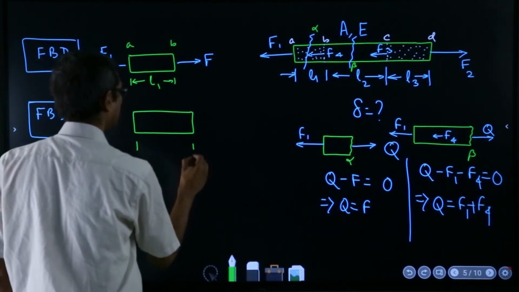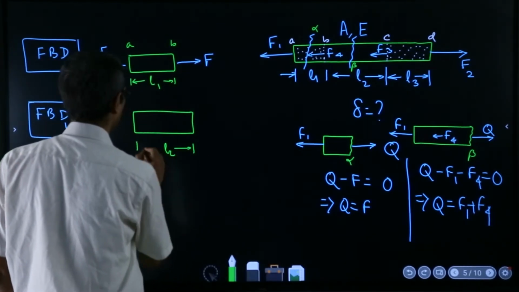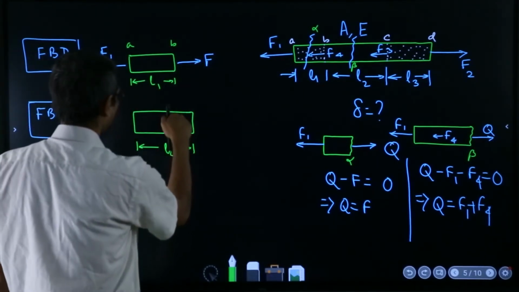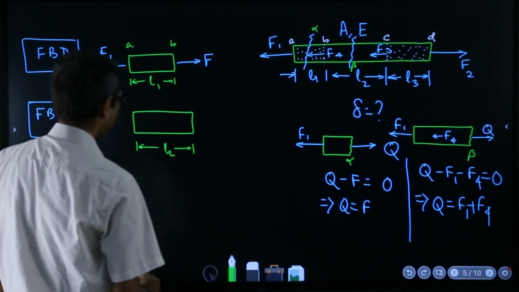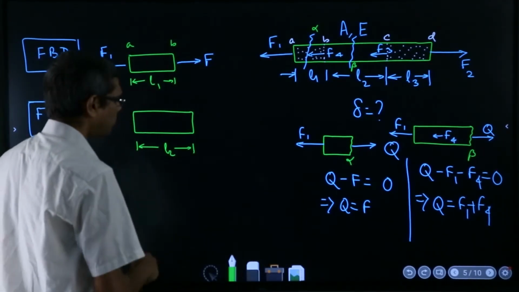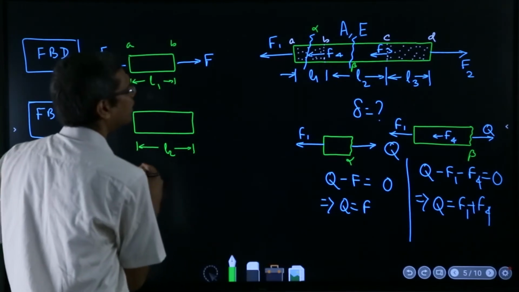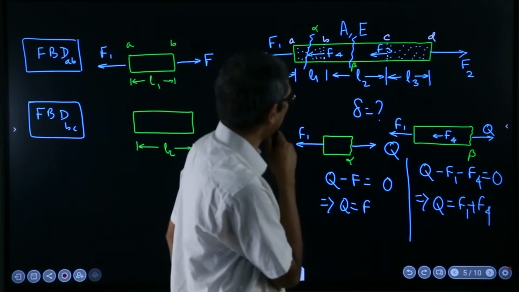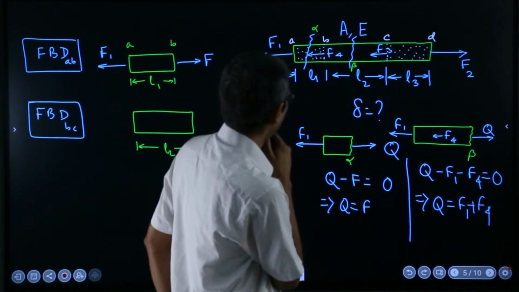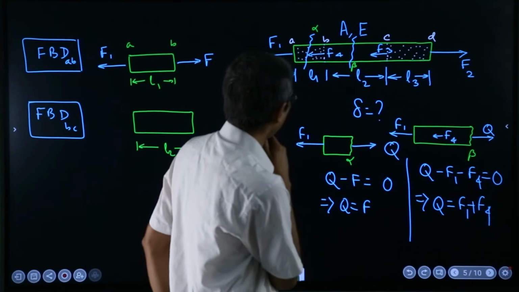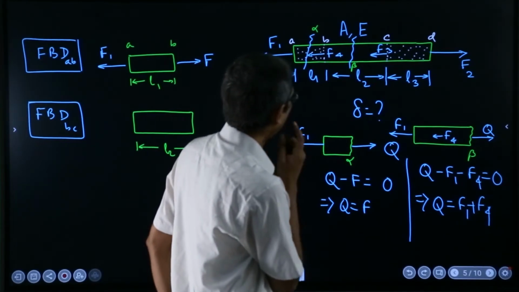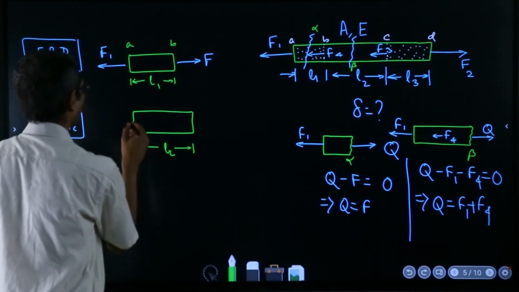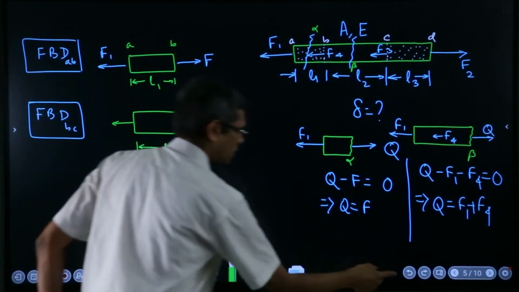Here the length is L2, I think I have written there, L2. The area is the same as this, slightly not drawn properly, but then what is the force which is acting on this side?